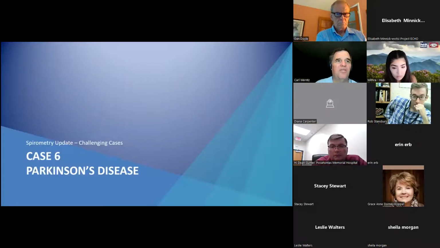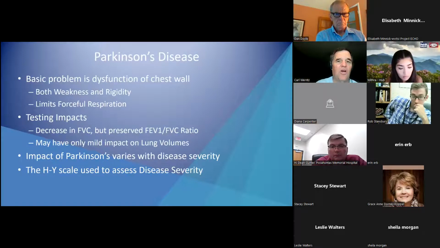What about Parkinson's disease? This is one I had to deal with just in the last week or two. Parkinson's disease can cause dysfunction of the chest wall, with both weakness and rigidity of the muscles, and can limit forceful respirations. So you can see decreases in FVC, but usually the ratio will be preserved.